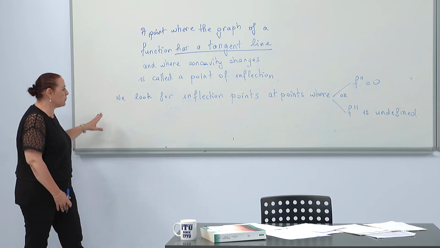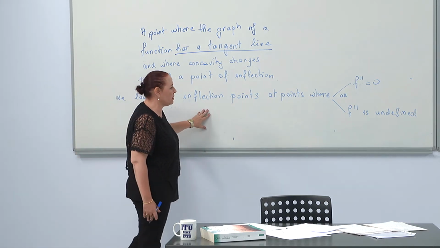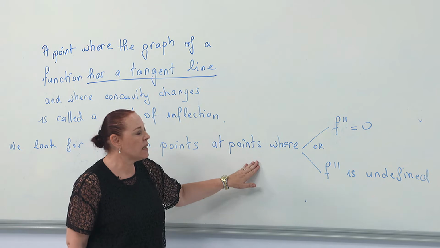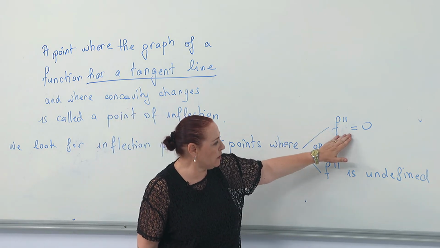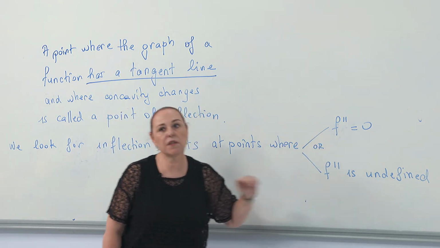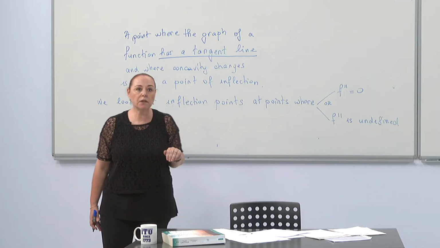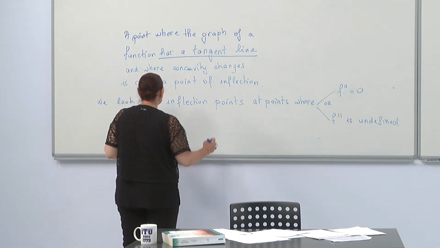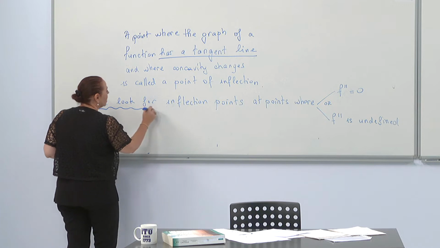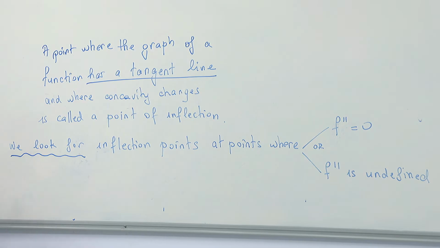And we look for inflection points at points where the second derivative is 0 or the second derivative is undefined. Just be careful. It's just like we are looking for candidates. It doesn't mean that they're going to be inflection points.